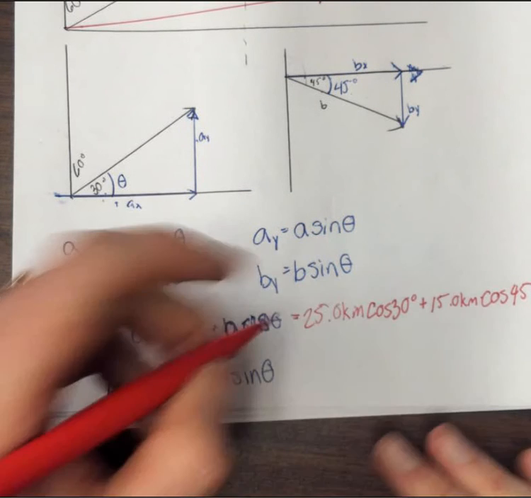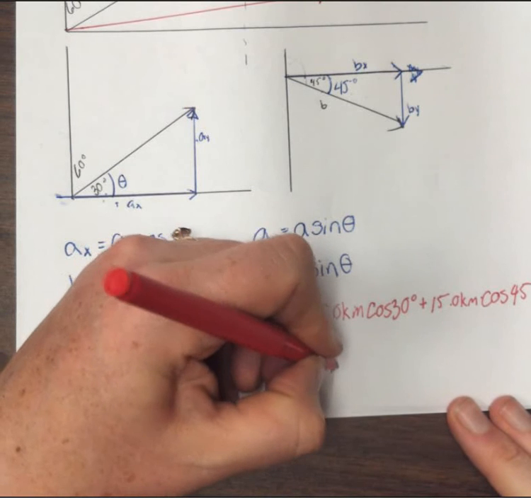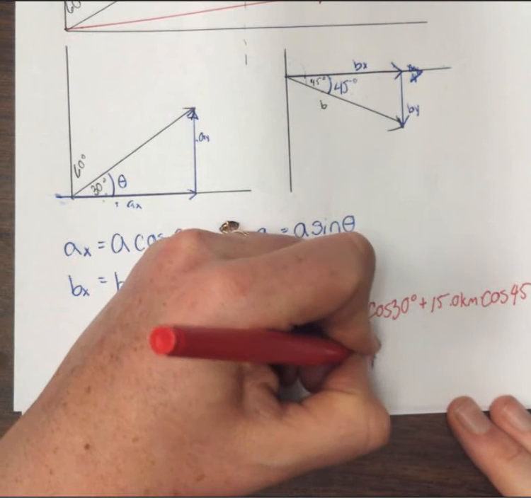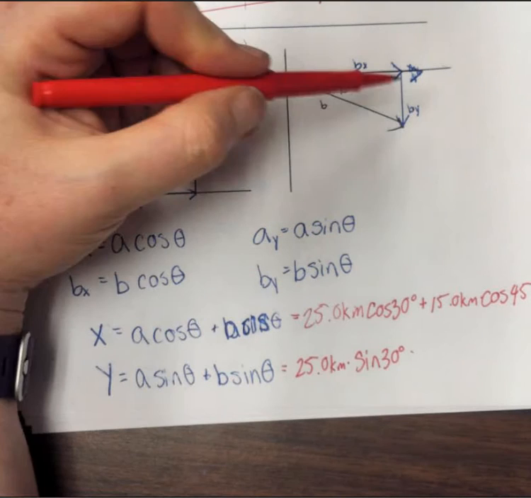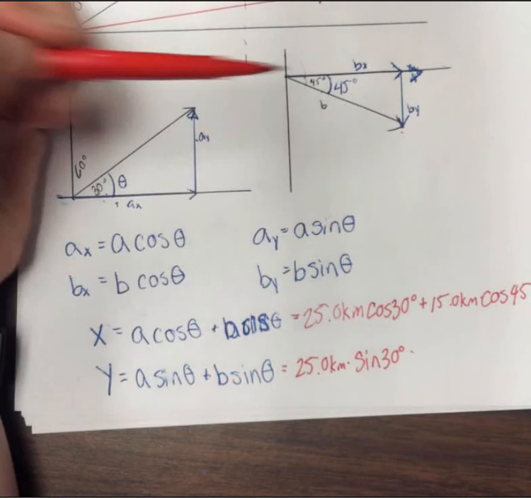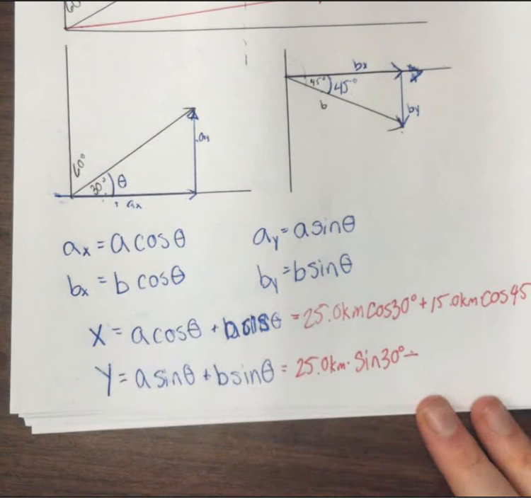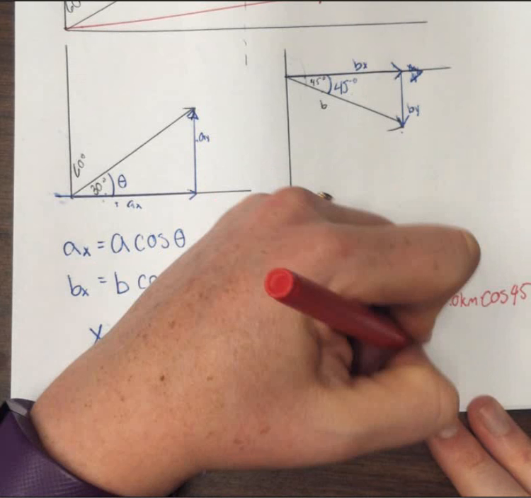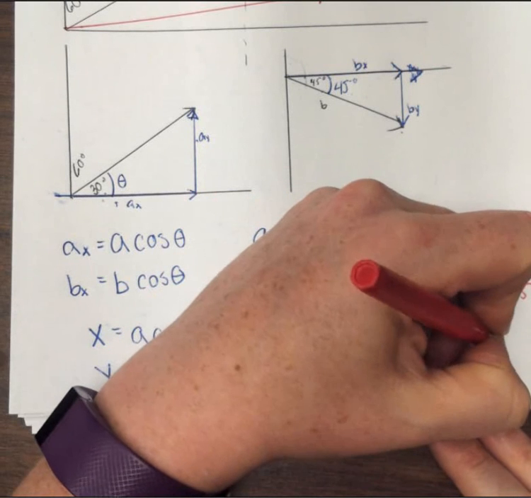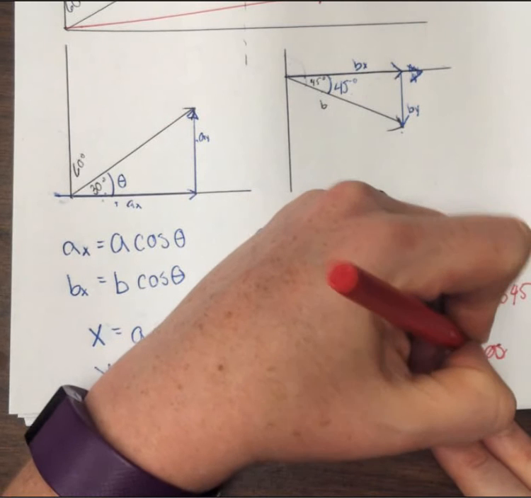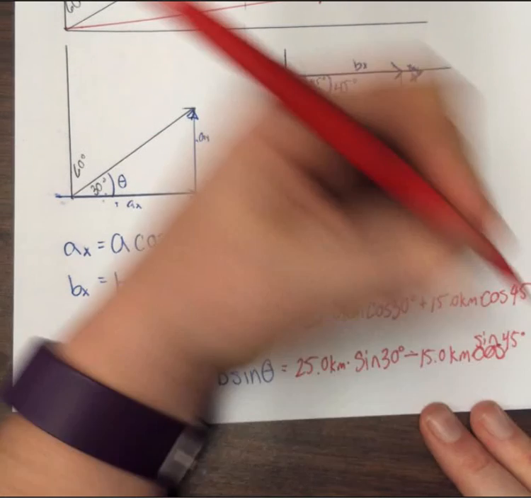For our y values, we're going to have 25 kilometers times the sine of 30 degrees. And now here we know that that 45 degrees was below the x-axis, so we're actually going to be subtracting, or doing a negative 15 kilometers times the sine of 45 degrees.